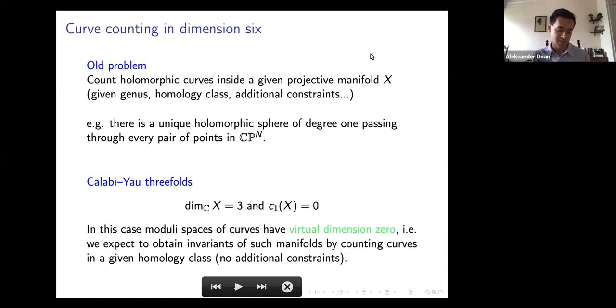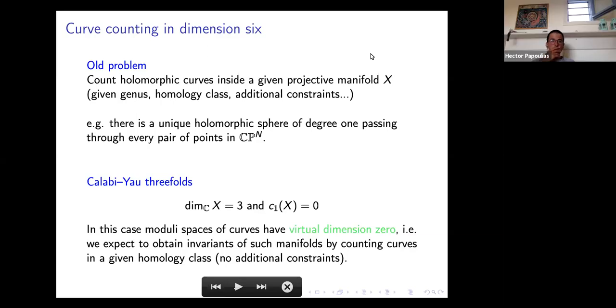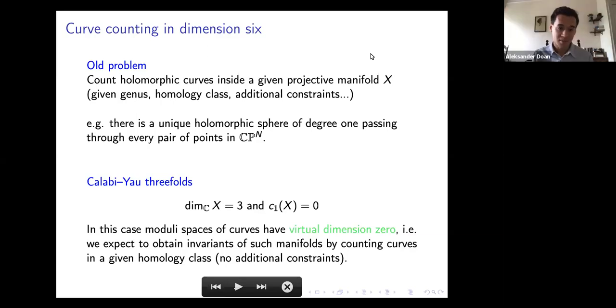So this is a very classical subject going back to the Italian school of algebraic geometry and people like Grassmann and so on. And of course, the most basic example is that in CP^N, if you give me 2 points, there is a unique degree 1 holomorphic sphere passing through these points, namely the line joining these 2 points. And there are other famous examples such as quintic threefolds and so on.